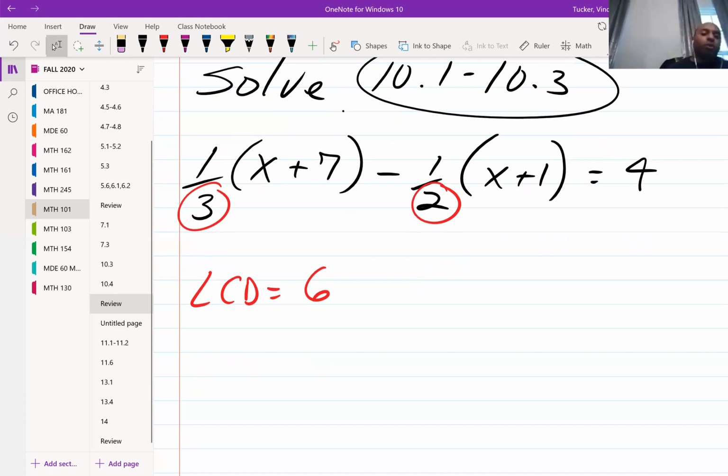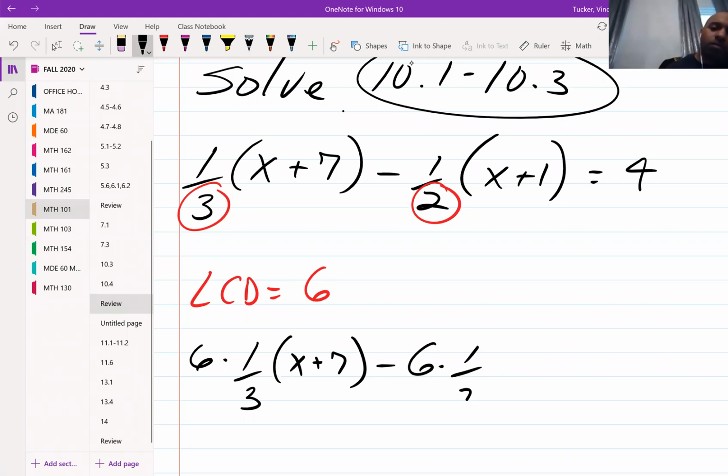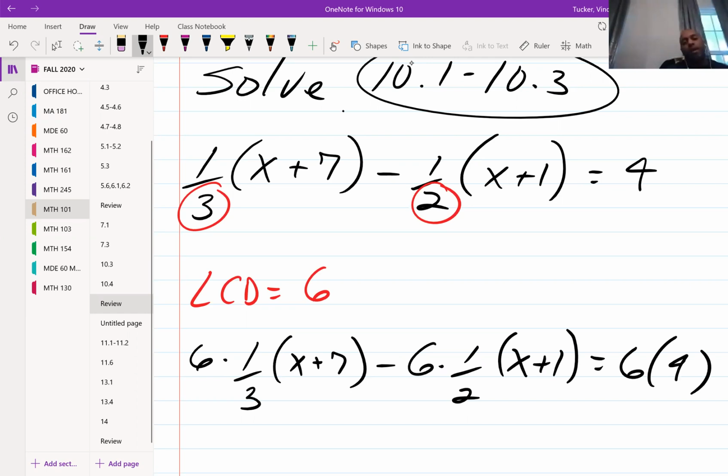So from there, we're going to multiply that 6 to each quantity. So each term should be affected by the multiplication of that 6, even the 4 over here.